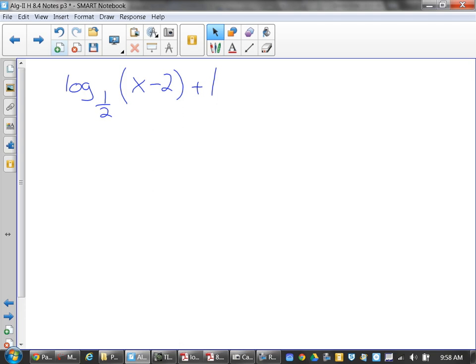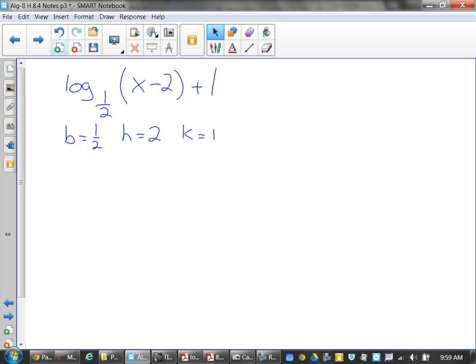When you try to make the parentheses equal 1, what do you want to make x be? 3. Then you would add 1 to it. Correct. So in this case, your b value is 1/2, h is 2, k is 1.